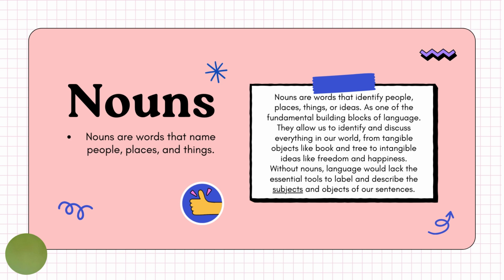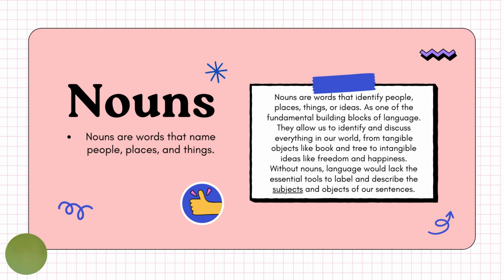So, if you see in this definition, you know that in sentences, nouns are used as subject and object, and these are very essential to give meaning in your sentence.